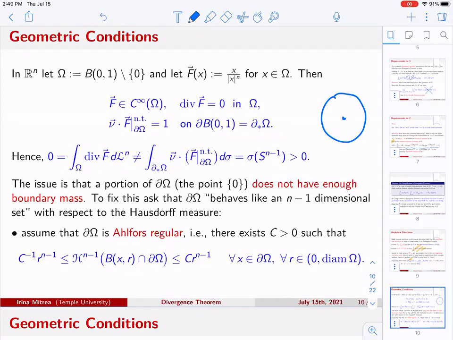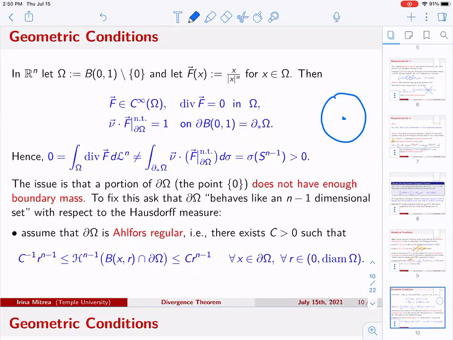This is easily recognizable in a first year course in PDEs. This is simply the gradient of the fundamental solution for the Laplacian. So F, because I have eliminated 0, the point where this vector field has a singularity, is C infinity.